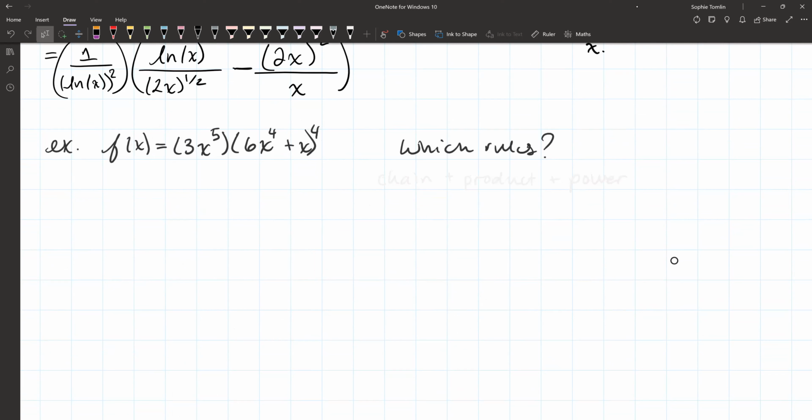So here again, we'll have multiple rules because here we see a function with a function on the inside, and then we've got a product of functions. So we'll have, once again, 3 rules that we have to use, which might sound intimidating, but it doesn't need to be. So let's think about what we would need here.